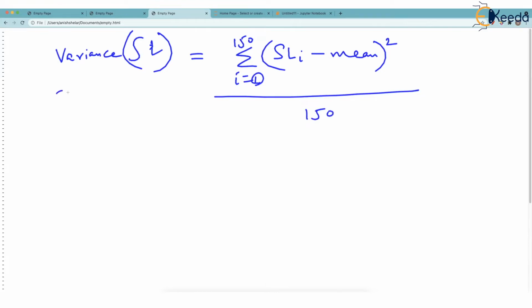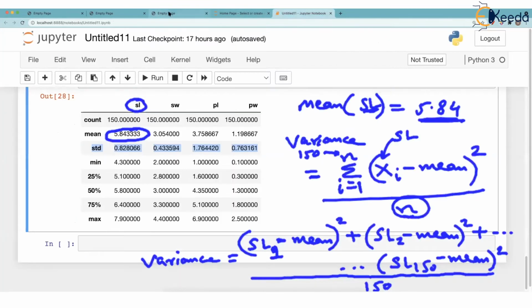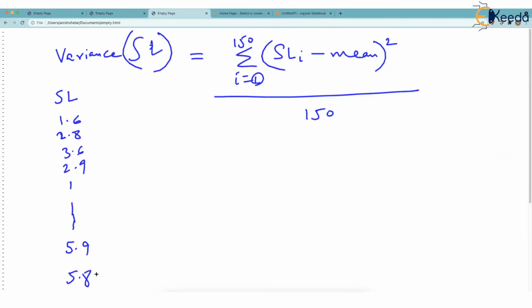So assume that the SL column has these values: 1.6, 2.8, 3.6, 2.9, and the last, 150th value, is let us say 5.9. Some values I am assuming. These are the values of SL. And the mean we found was, I think, 5.84.